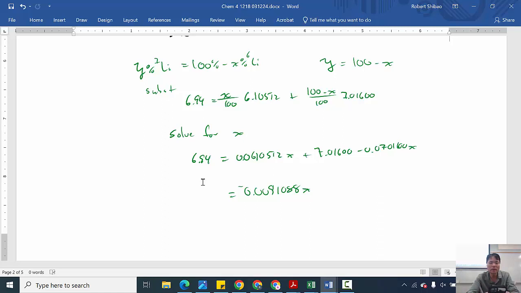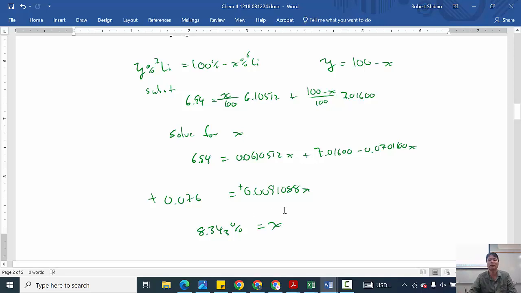So 6.94 minus 7.016 minus 0.076. I can get rid of the negative signs here. And then I'm going to divide that by 0.0091088. 8.343%. That's my x.